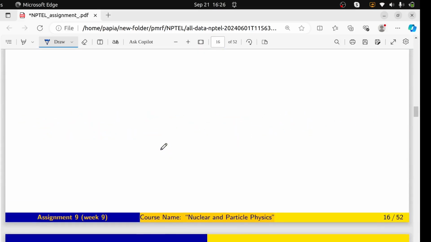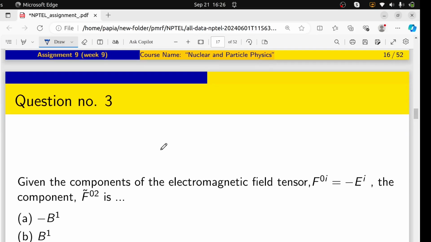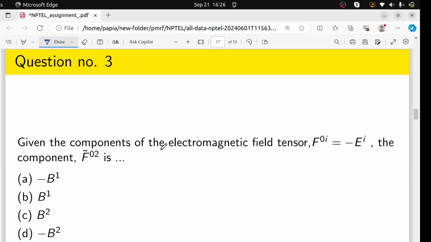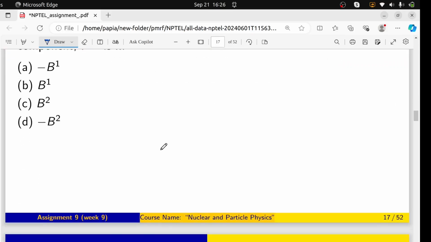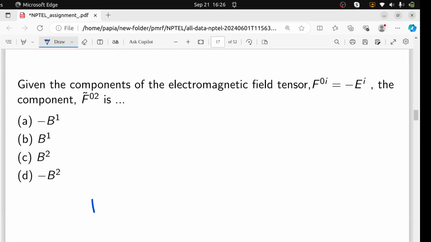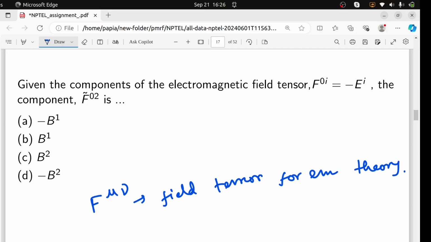Okay. Yes. So this is the question. Given the components of the electromagnetic field tensor F0 equals minus Ci, the component F0 to delta is how much? So first of all, F mu nu, this is for EM theory, and then it has an expression, this one, right?